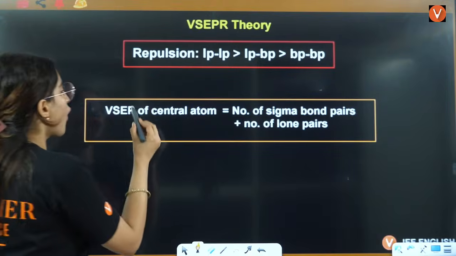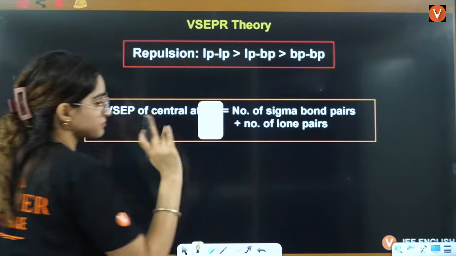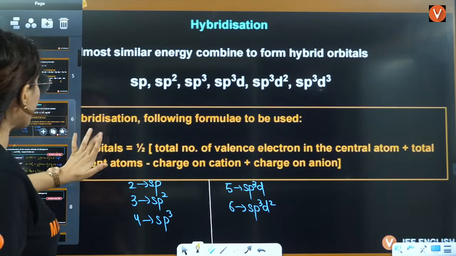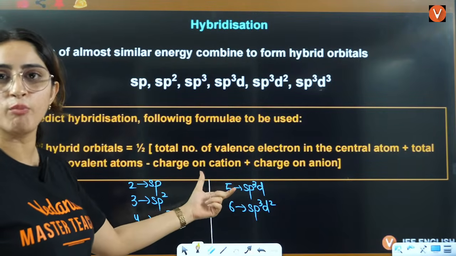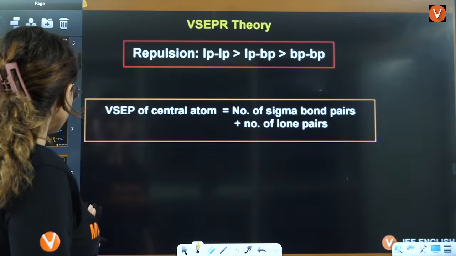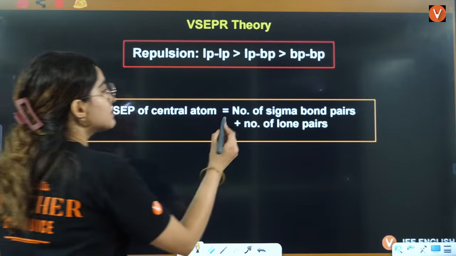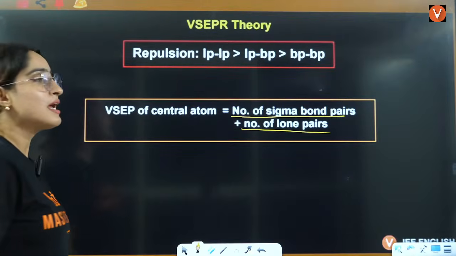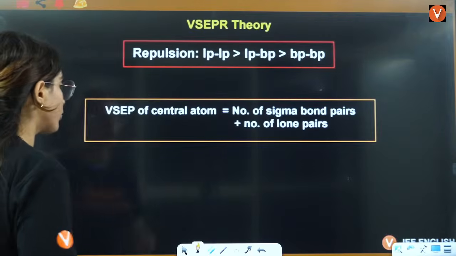Now see one thing. The number of hybrid orbitals 2, 3, 4, 5, 6 can be calculated from this formula as well, right? This steric number is actually equal to the number of sigma bonds plus lone pairs.